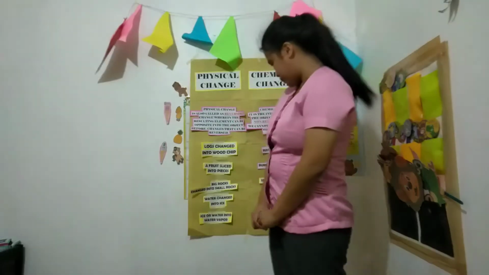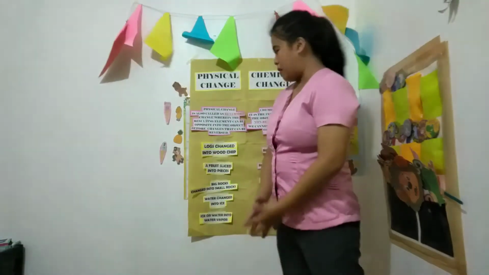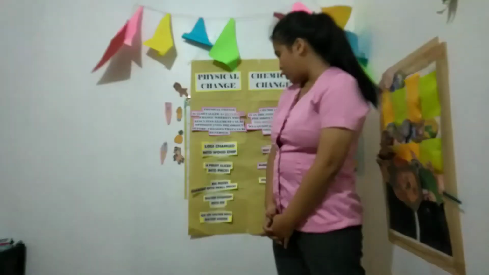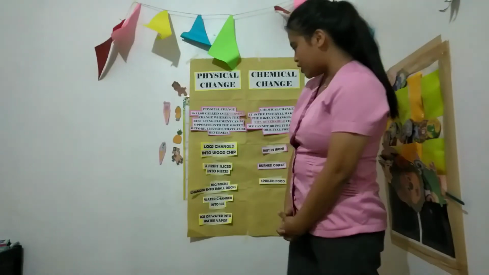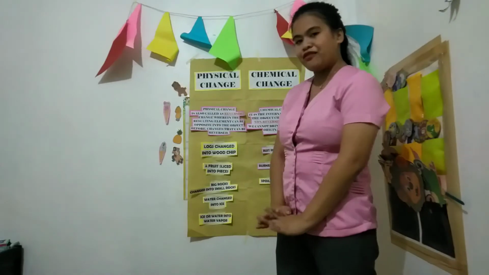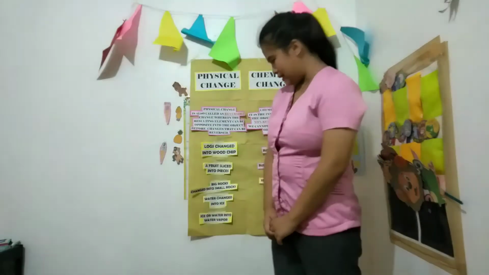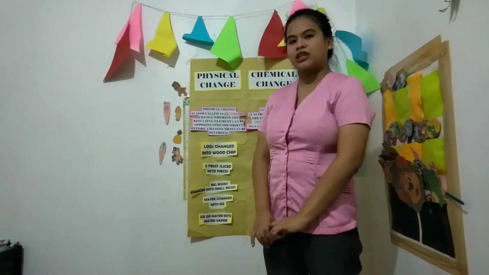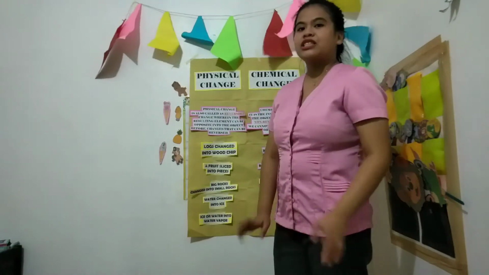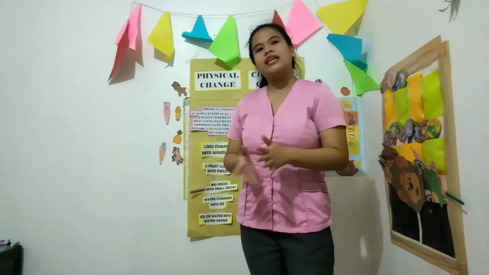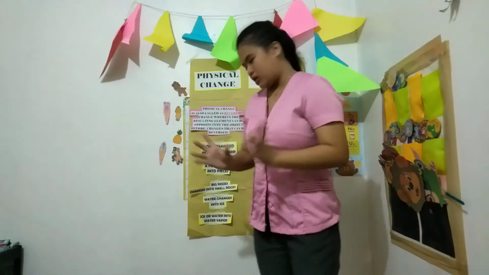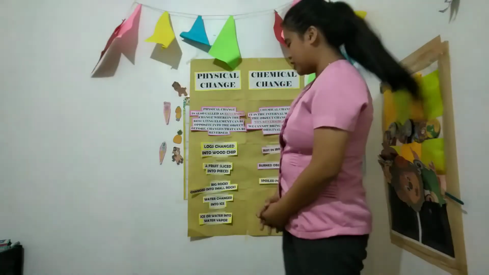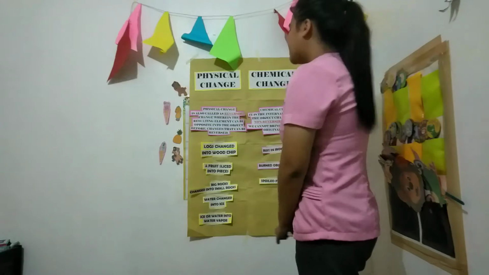So here are the examples of physical change: logs changed into wood chips, a fruit sliced into pieces, big rocks changed into small rocks, water changed into ice, like the example I gave earlier, the ice and the water. Then ice or water changed into water vapor. Okay.